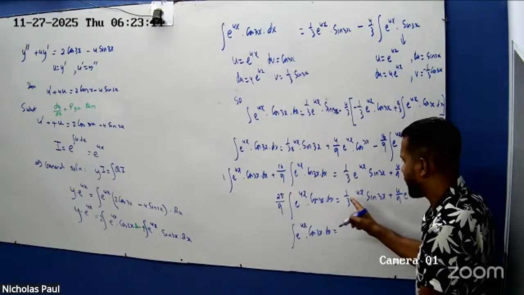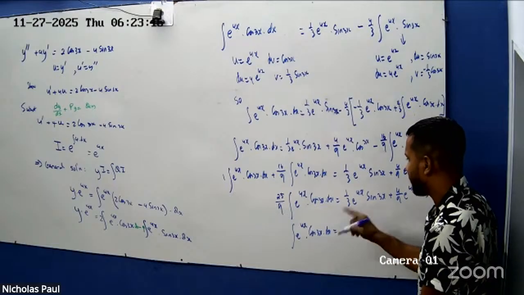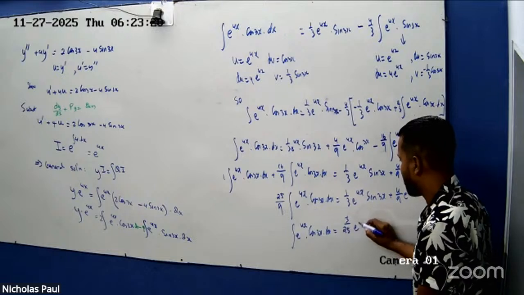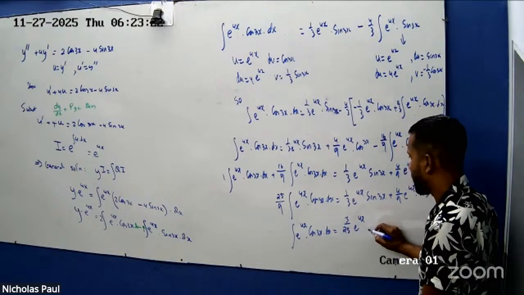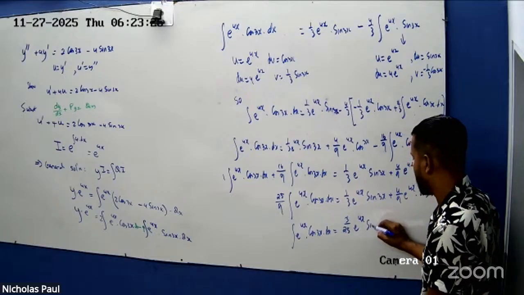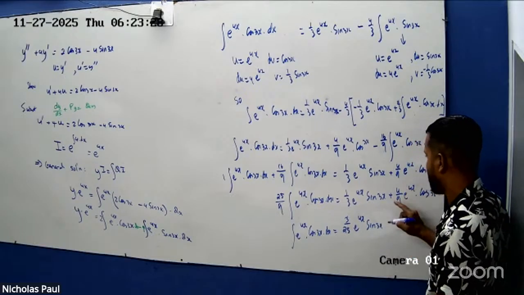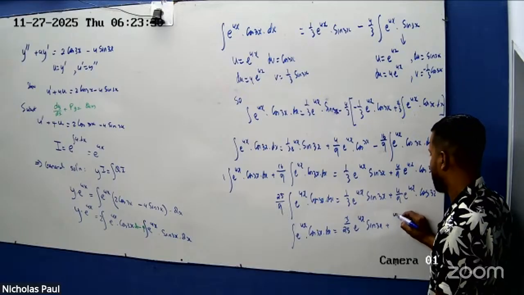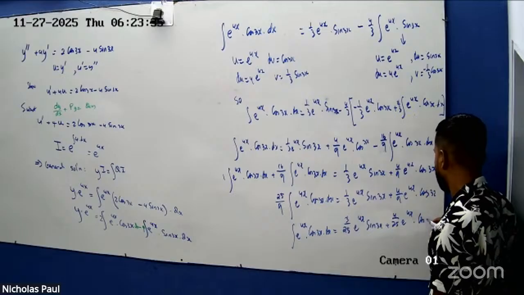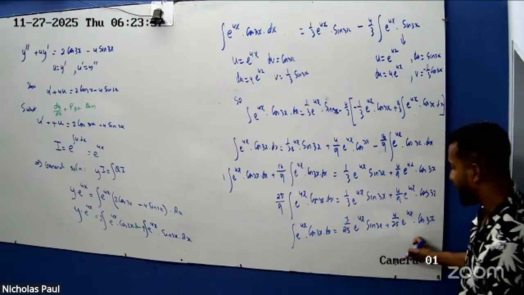What do you get? 3 on 25. Right, that is what we have.